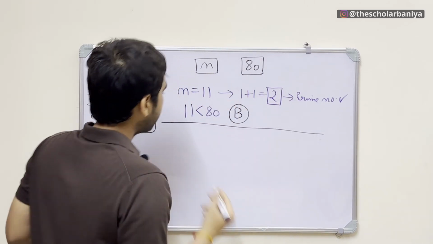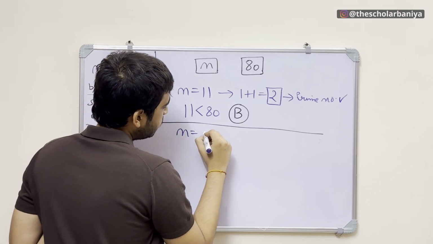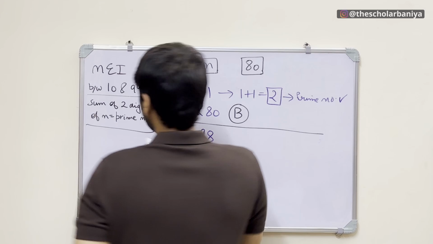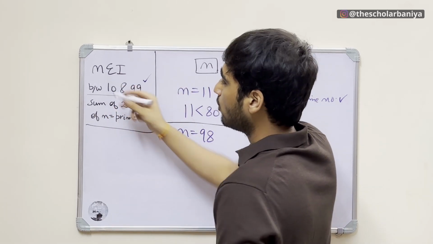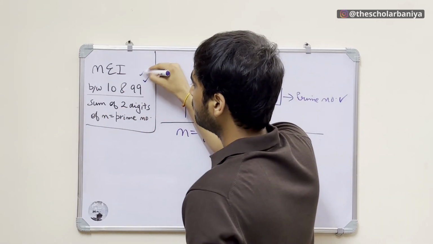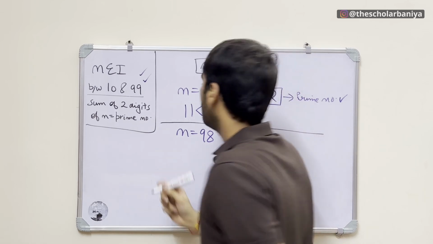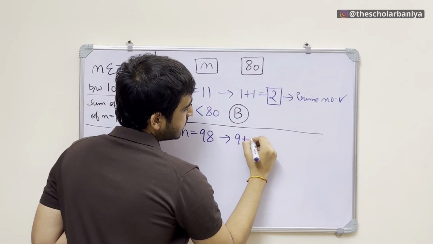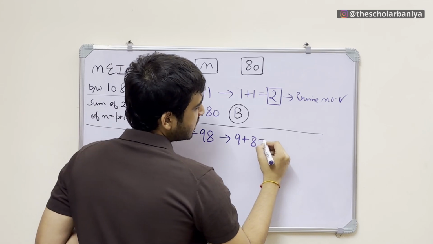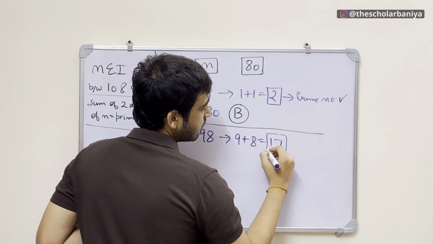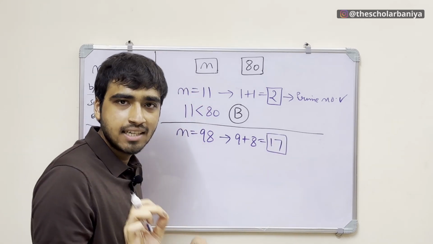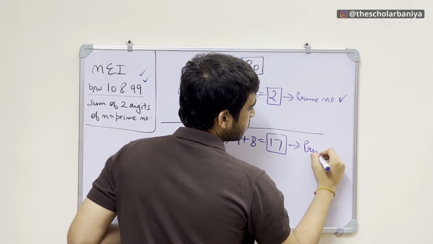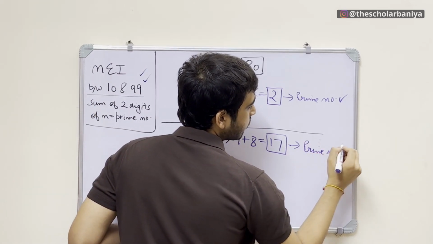So if I think about n is equal to 98, this condition is satisfied because it is an integer and between 10 and 99. Now let's take the sum of both the digits. So 9 plus 8, which is equal to 17. And obviously 17 is a prime number.